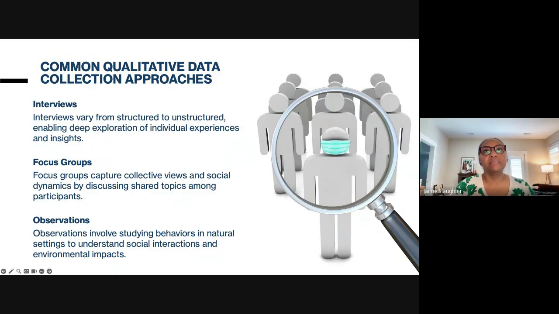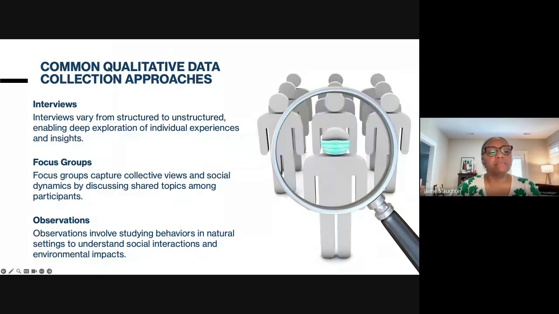Sometimes a focus group participant may bring up an example of a challenge that another member wouldn't have initially thought of on their own, but it is very relevant to them. And that helps them think about how that barrier or challenge affects their family in maintaining a healthy diet, for example.